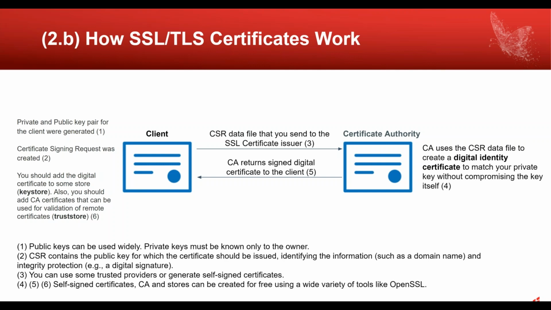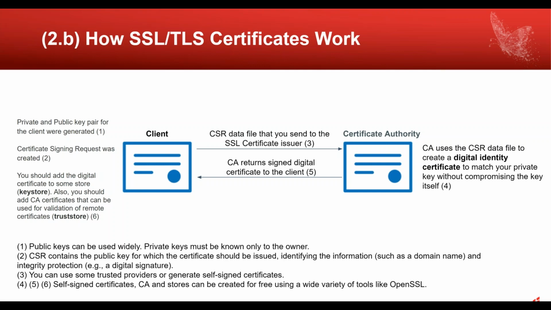The certificate authority is a special trusted service that can create a digital identity certificate. It will use its own certificate to sign the client one, and it will return this certificate to the client, which we can store in the key store that we will use in our configuration.